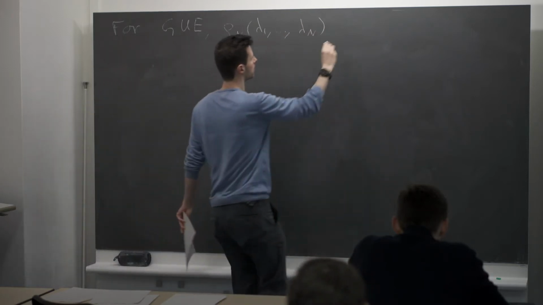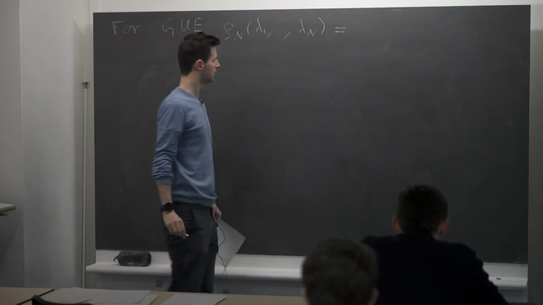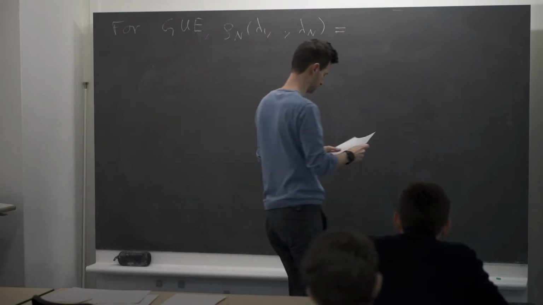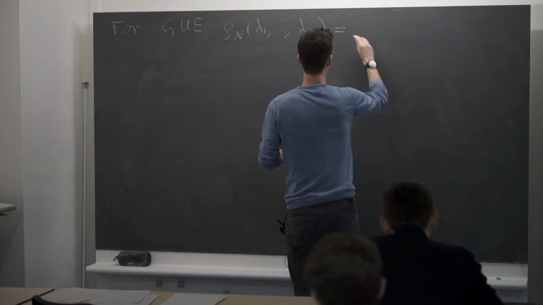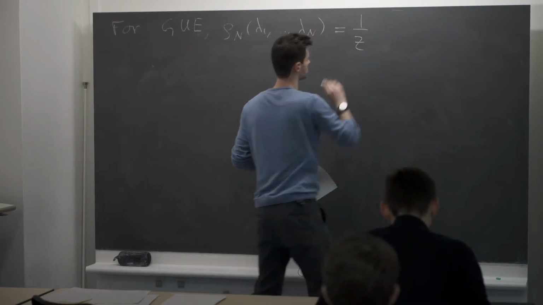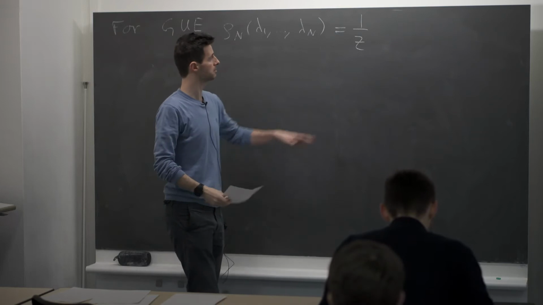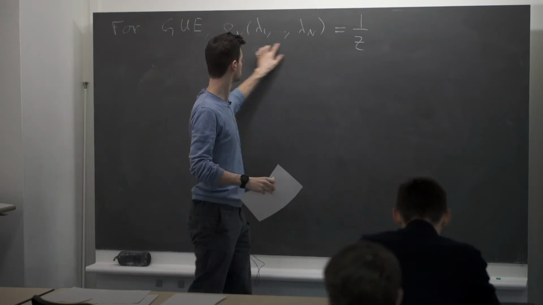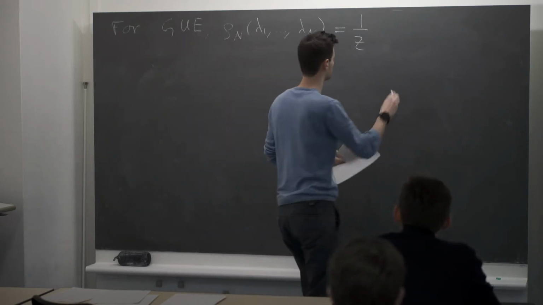It was given by a product of Gaussians. So I had some normalization constant. I don't usually care much about these numbers. They're just some positive numbers chosen so that this thing is a probability density.